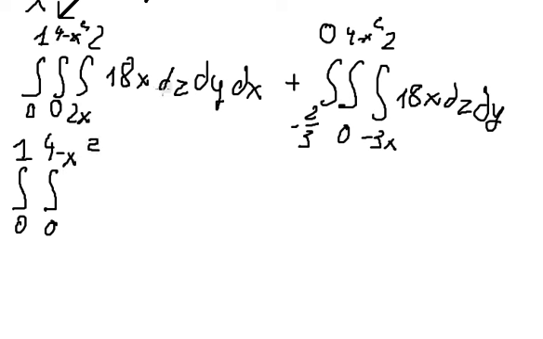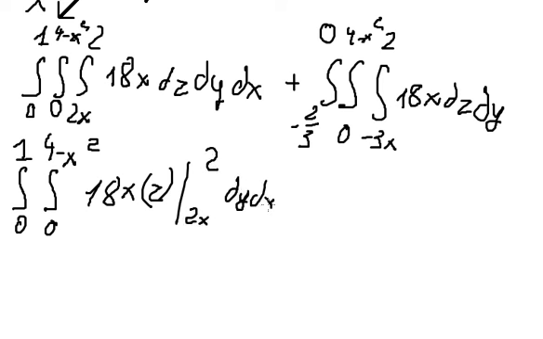The integral of dz, because we don't have z, we have 18s multiplied by z, with the bounds from 2s to 2. So we put 2 in here, and 2s goes in here.